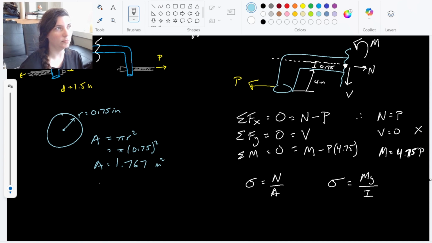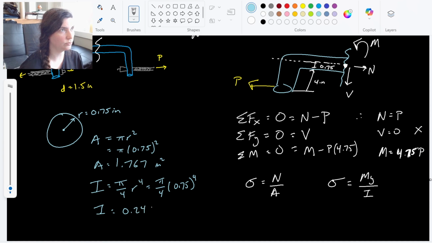Another property I need, moment of inertia. The moment of inertia for a circle is pi over 4 r to the fourth. So that's pi over 4 times 0.75 to the fourth. And I get a moment of inertia of 0.249 inches to the fourth.